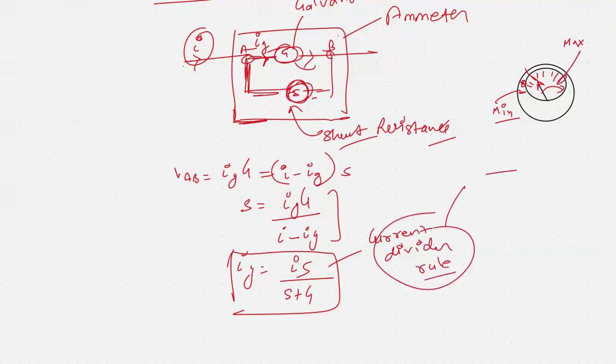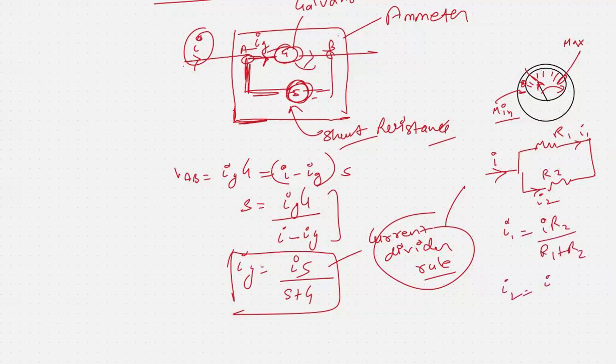If I is passing here, and resistances R1 and R2 are there with currents I1 and I2, then I1 is I times R2 divided by R1 plus R2, and I2 is I times R1 divided by R1 plus R2. This is the crux of it.